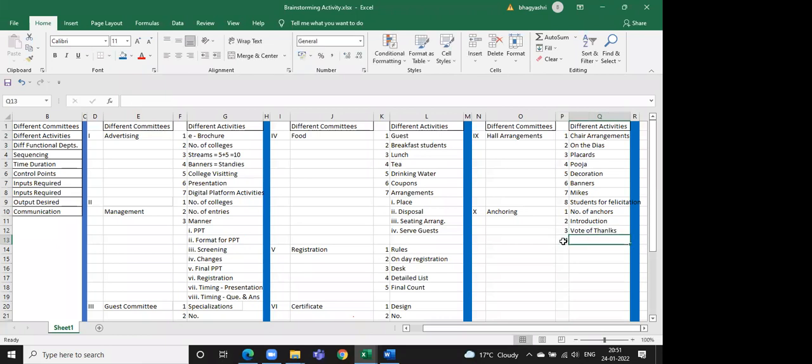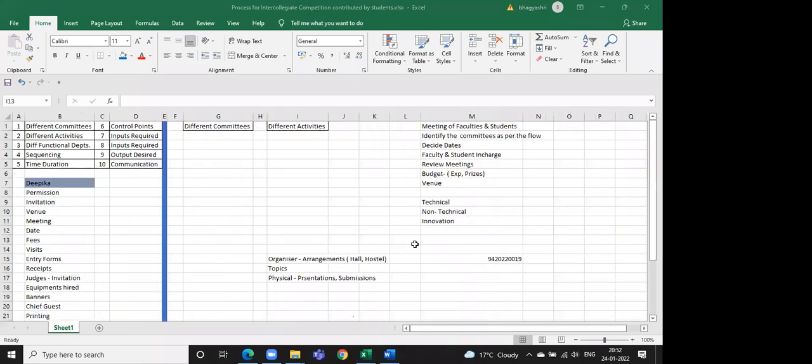Some of the anchors would look into the prize distribution ceremony. So that's where we have the anchoring committee. Within the hall arrangement, we have identified 8 of them. This committee will also take care of the mementos to be given to the guests. So that's where the anchoring committee comes into the picture.